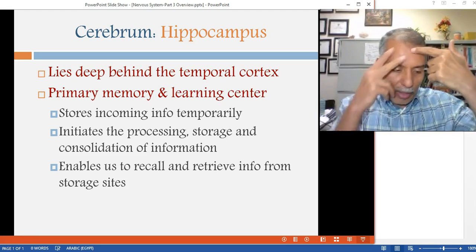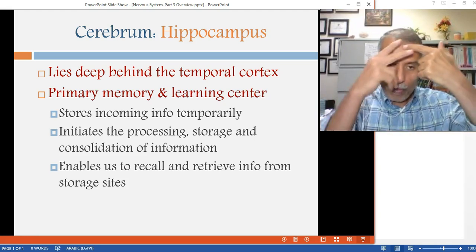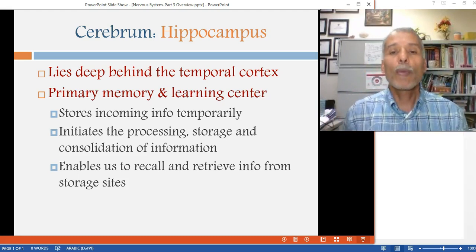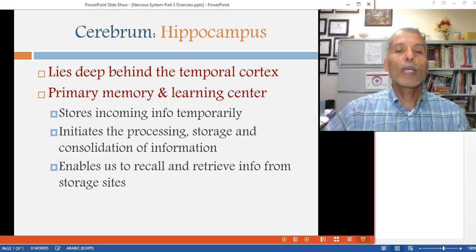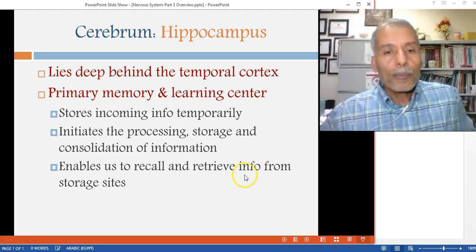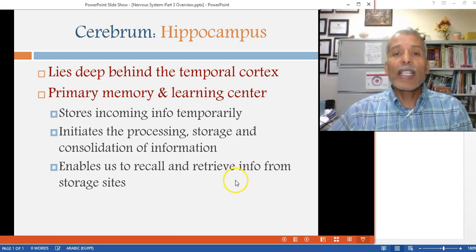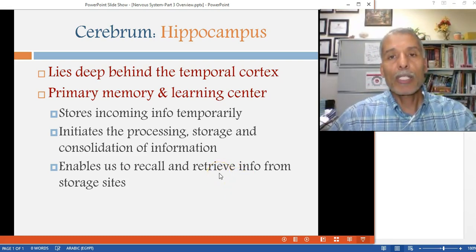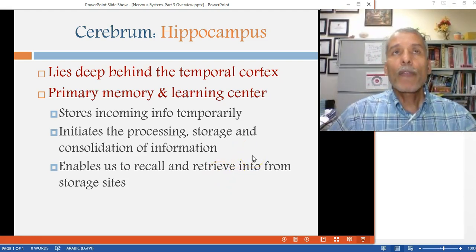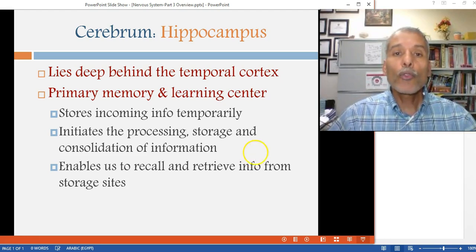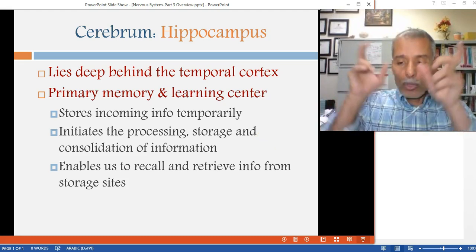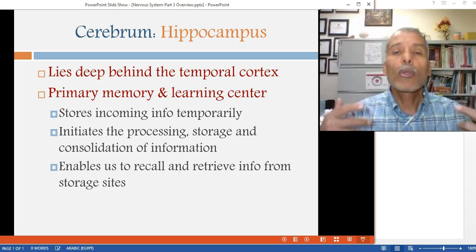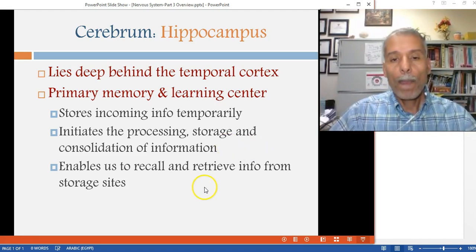There are pathways where they send information back and forth, basically to determine what to store, what to discard, and what should take priority, and so on. But the information does not stay permanently in the hippocampus. In the meantime, another function of the hippocampus is when you want to recall information, you go to the hippocampus, and it enables you to access information from your long-term memory sites.